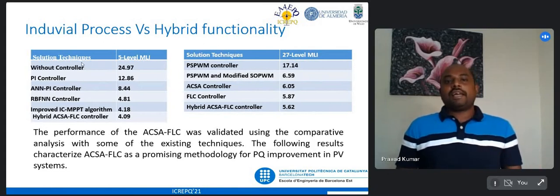You can see the results as shown in the table. Compared to all other existing algorithms, we got better results for both inverters. The performance of the algorithm was validated using comparative analysis with some of the existing techniques.